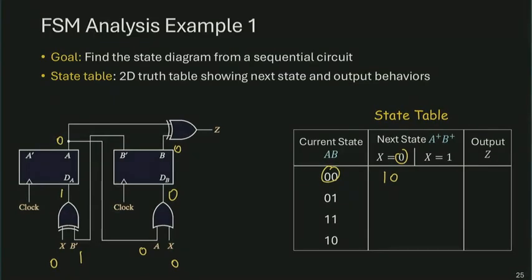So let's say my state is 0 1. So the state is 0 1 coming out of A and B. At the bottom, again, X is a 0. This flip-flop will give you a 0. On the left, the complement of B, which is a 0. 0 XOR 0 is a 0. So my next state would be 0 0.